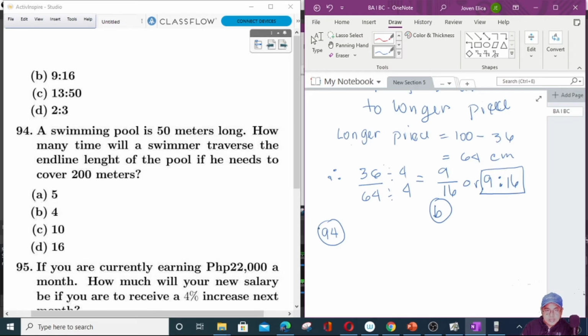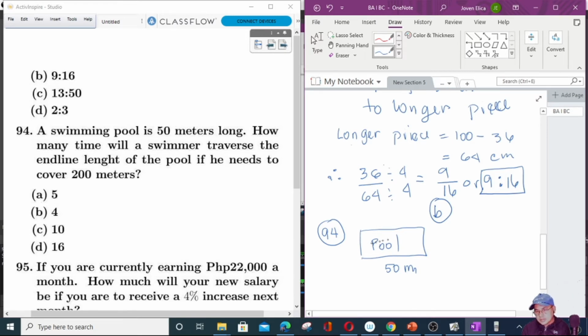So if this is the swimming pool, it is 50 meters long. Now he said how many times the swimmer will traverse. That means how many times the swimmer will repeat or traverse.